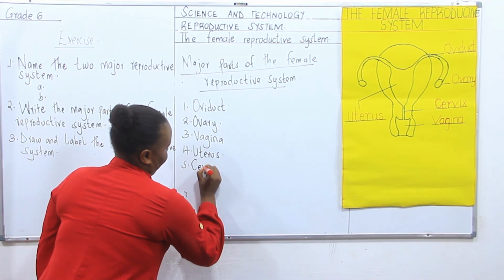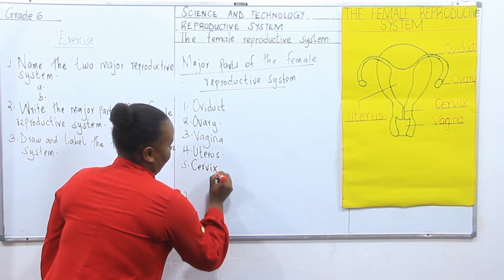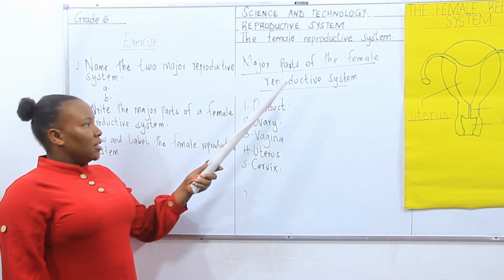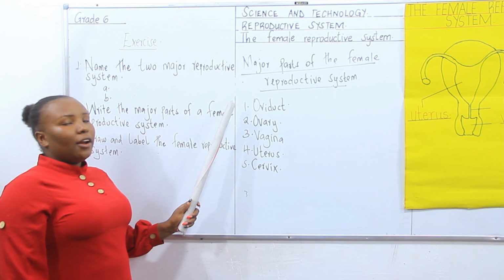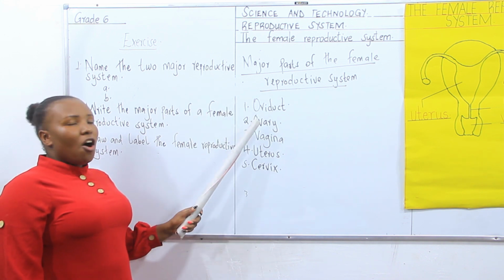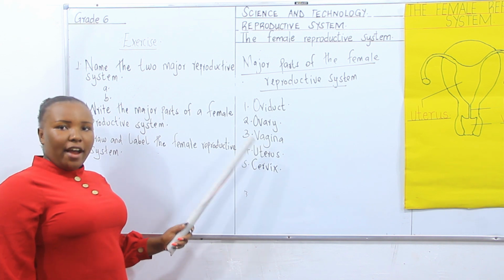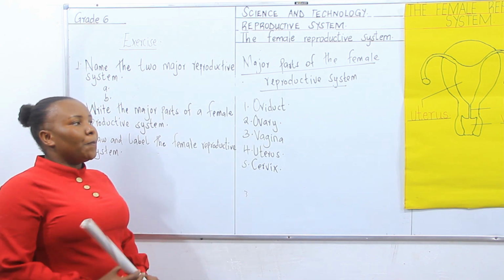Cervix. Now, these are the major parts of the female reproductive system: oviduct, ovary, vagina, uterus, cervix.